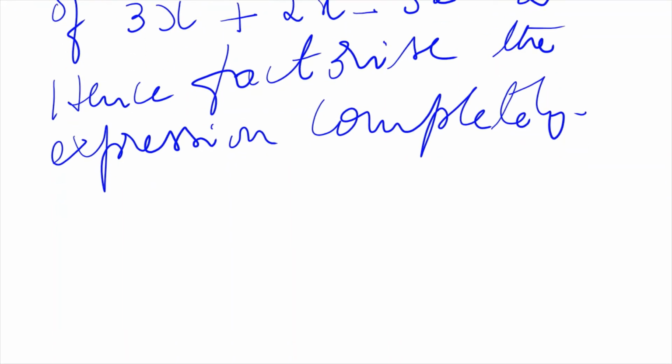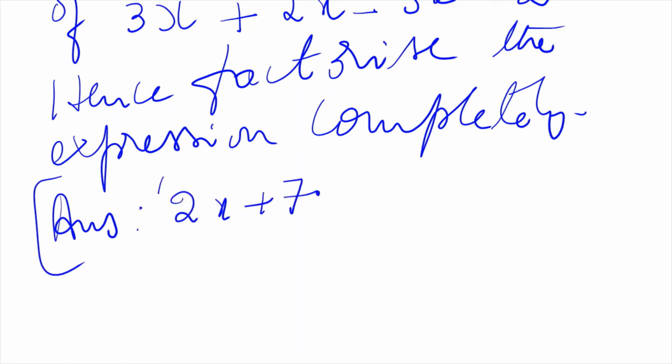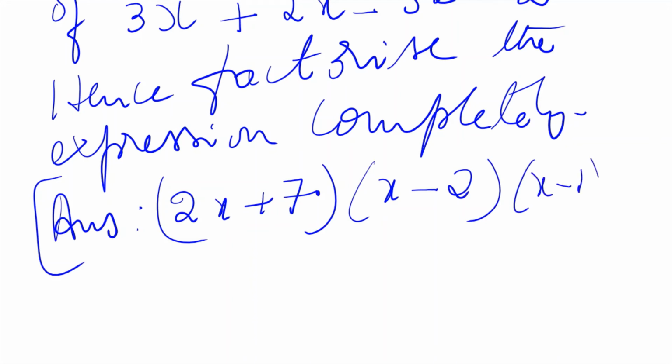Okay, now the answer for this is 2x plus 7 into x minus 2 into x minus 1. Okay.